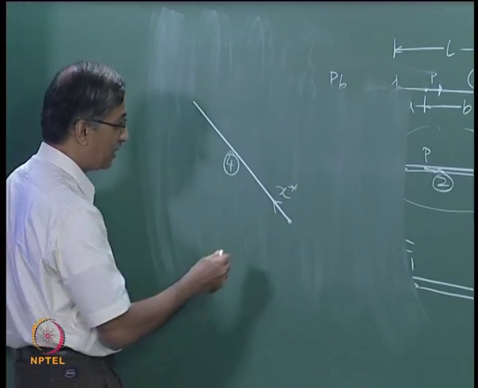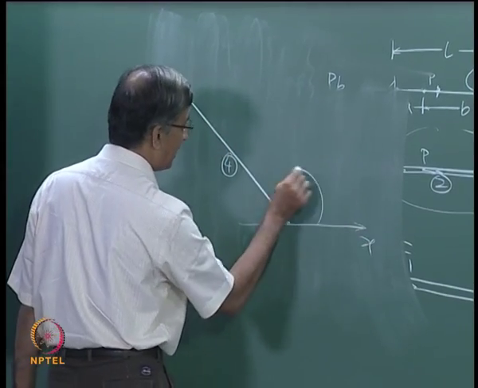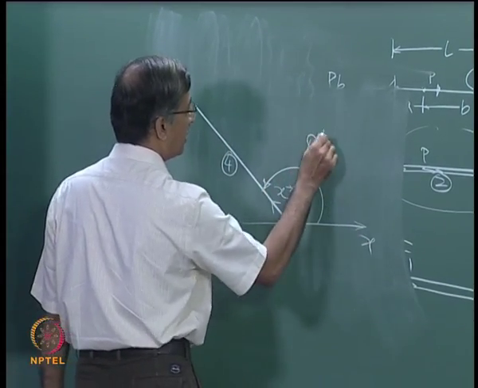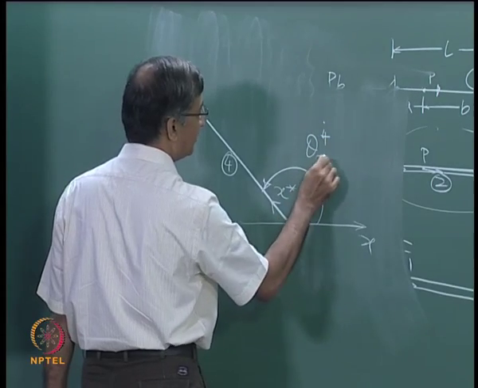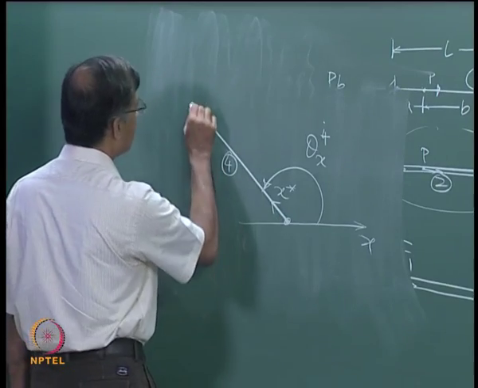This was the incidence of x star, which means that if this is my positive x axis, this is my definition of theta 4x. So, this is start node, this is end node.